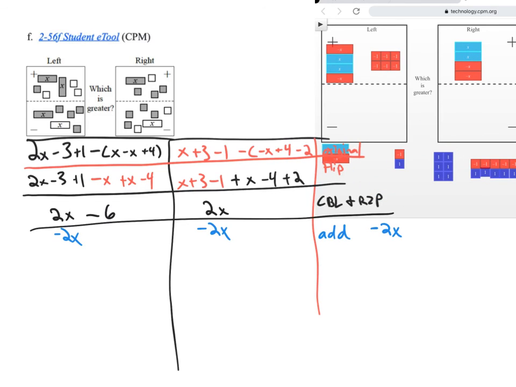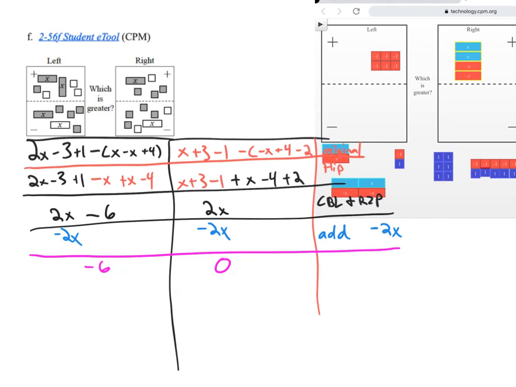So on the left side, I've got a positive and a negative, which is creating a zero pair. I've got a positive and a negative, which is creating that second zero pair, so I've removed both the x's. Same thing on the right side, positive 2x, negative 2x, removing those creates a zero pair. And now here I am all the way at the end, where my left side is negative 6 and my right side is 0. So my right side has to be bigger because 0 is bigger than negative 6.